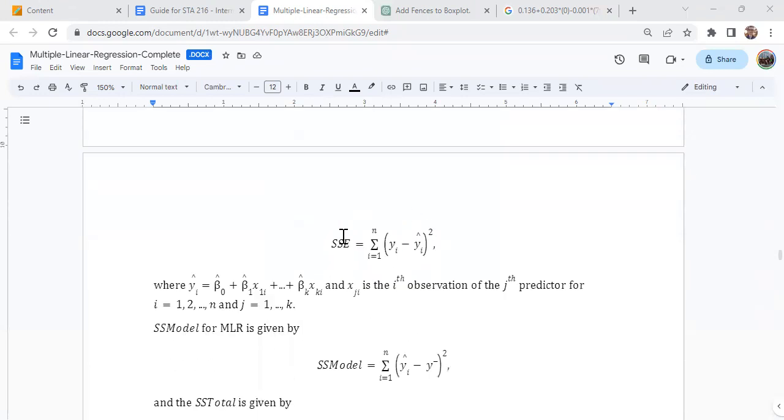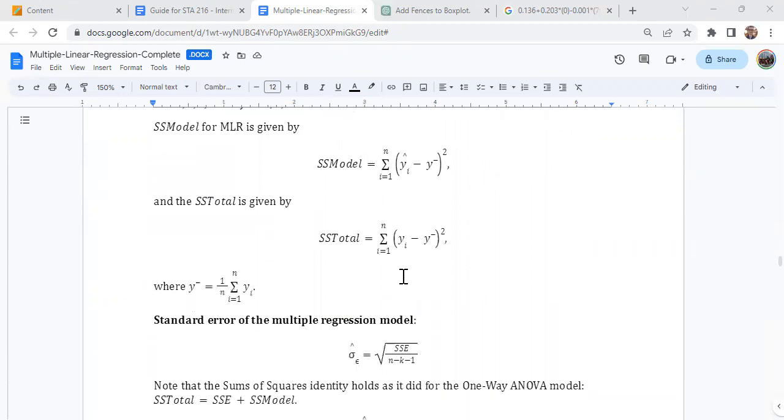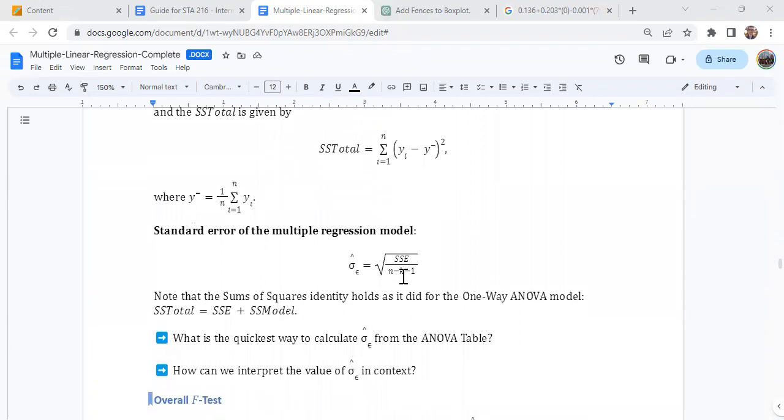I give the formal mathematical notations here for how you would calculate these by hand. We're not going to do that by hand, but this is how SAS does it. Important things to know are this sum of squares identity, the equation that relates the SS values. Also, we can get an estimate of the standard error of the multiple regression model.